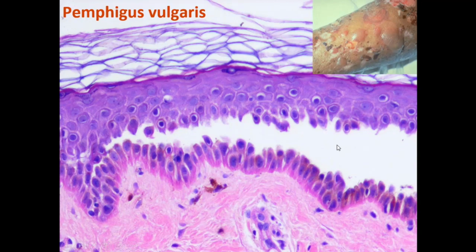Sometimes the junctions between the cells are destroyed by the autoimmune system. For example, here we have an epithelial cell of skin, and the desmosome junction between these epithelial cells is destroyed by immune cells. You know, this kind of disease is called an autoimmune disease.